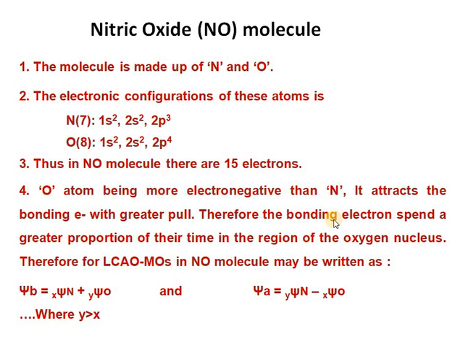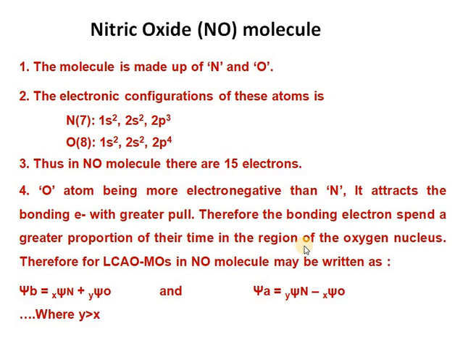Hence, the 2s and 2p orbitals of oxygen are at a lower energy level than the 2s and 2p orbitals of nitrogen.